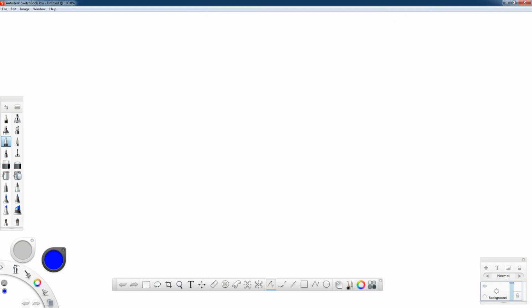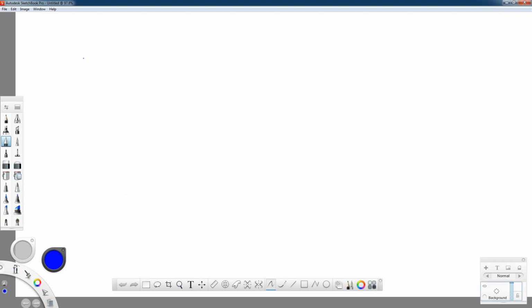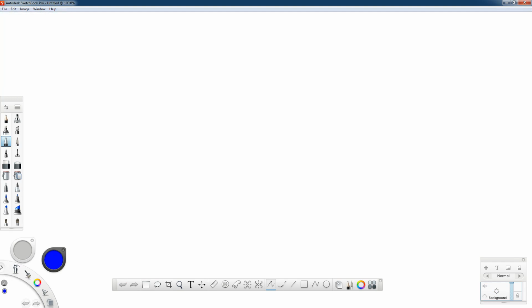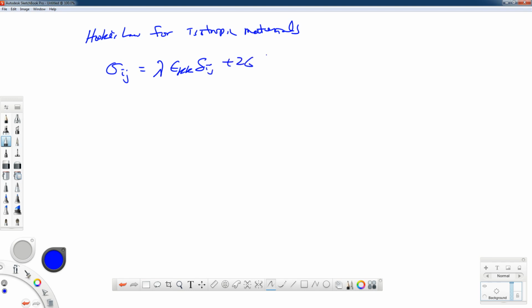Now, what do I want you to get out of all of this? Is that Hooke's law for isotropic materials can be written as sigma ij is equal to lambda epsilon kk Kronecker delta ij plus 2G epsilon ij, and epsilon ij can be written as minus nu over E sigma kk Kronecker delta ij.